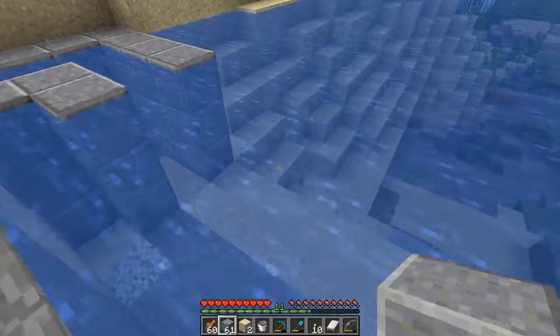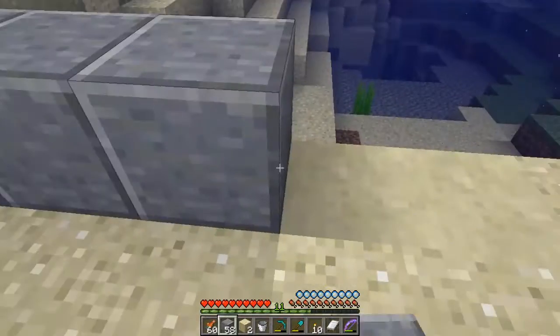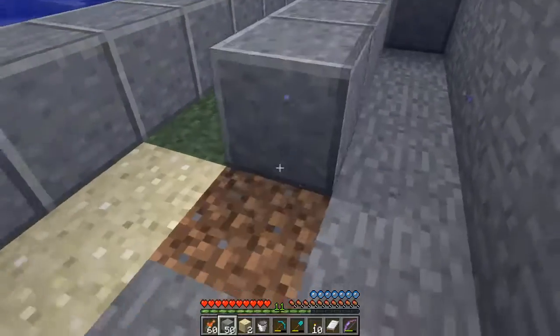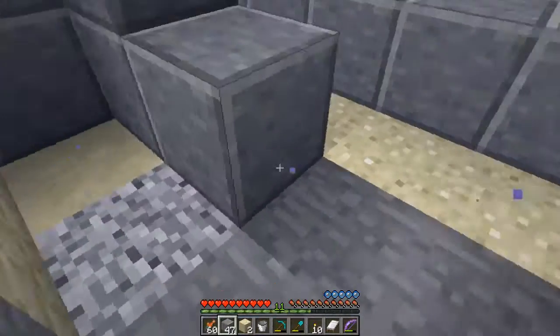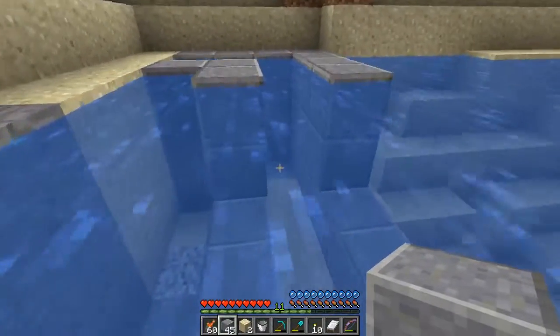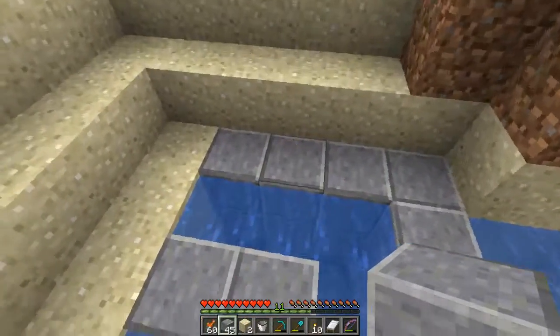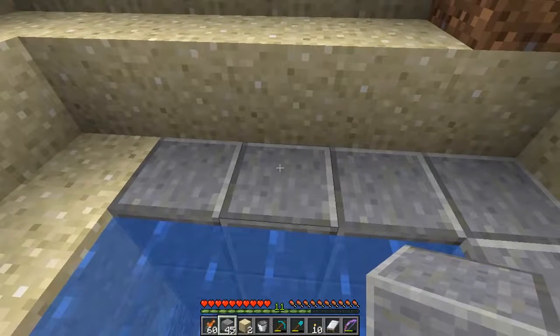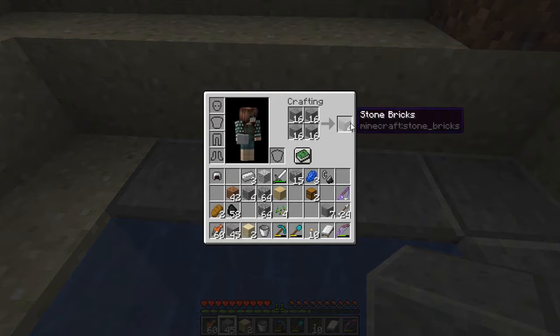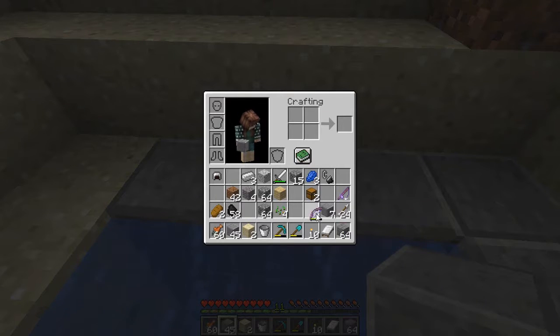Between these 2 corners, we will have 1 layer of polished andesite. There you go. And then we'll have a floor. Now the floor is not going to be andesite. Instead, the floor will be made from stone brick.